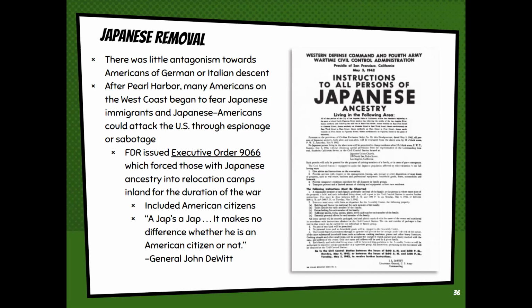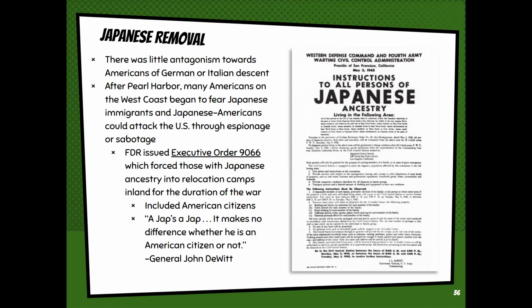Instead, after Pearl Harbor, many Americans on the West Coast fear that Japanese Americans could either attack the United States through espionage, through spying, or could sabotage our factories or oil fields, and could help the Japanese if they would ever invade the United States.